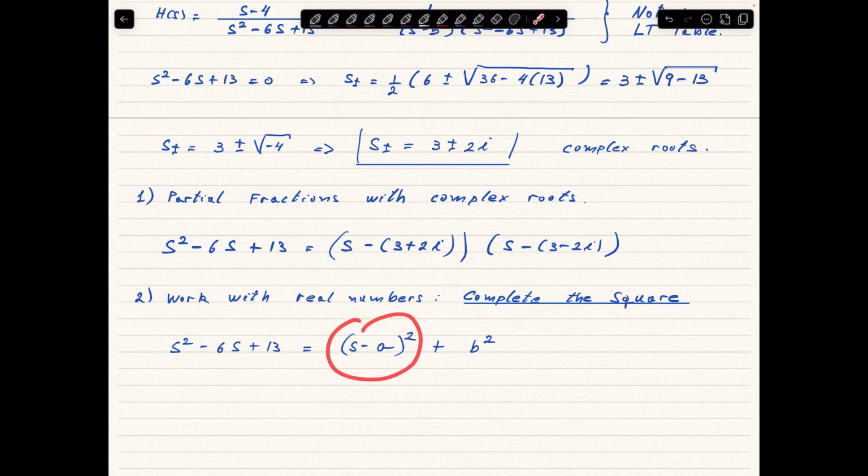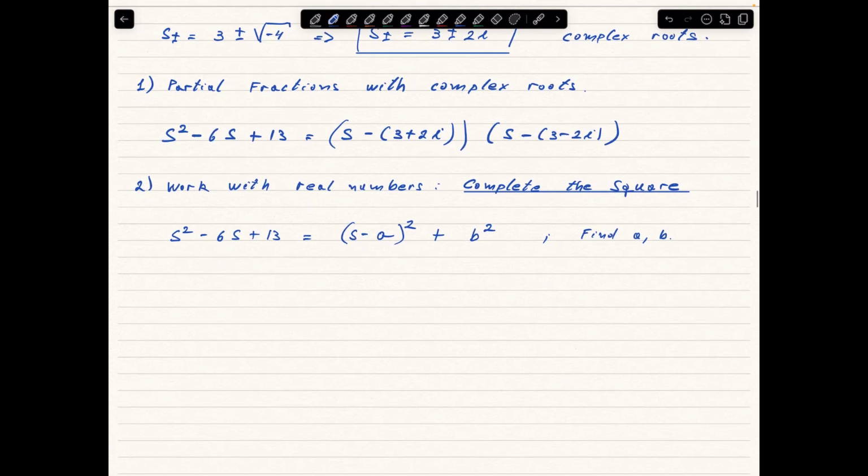This term here is a complete square plus something else. So we need to find a and b. And one way to find it is, well, expand: s squared minus 2as plus a squared plus b squared, and then make that equal that, and solve for a and b.